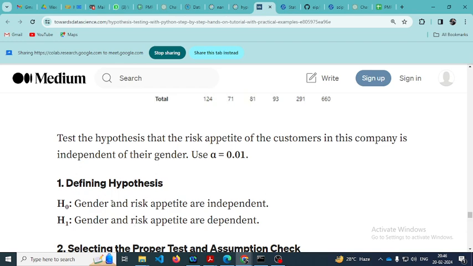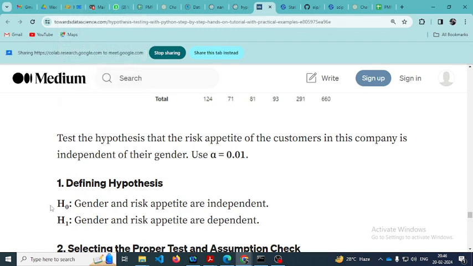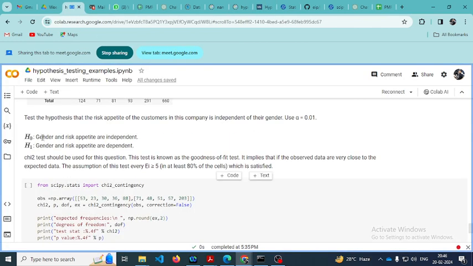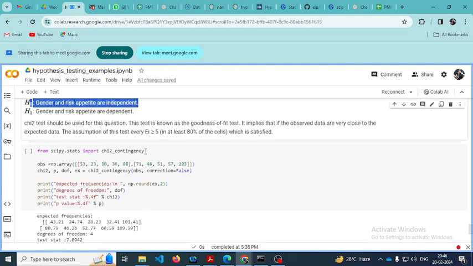Then of course the alternative hypothesis will be that gender and risk appetite are dependent. So initially I define the null hypothesis as independent. For this kind of problem, the chi-square test should be used.